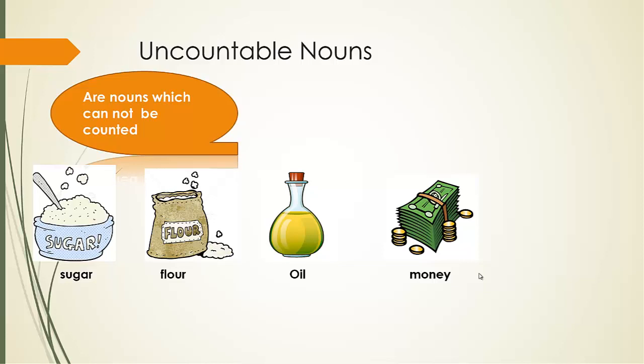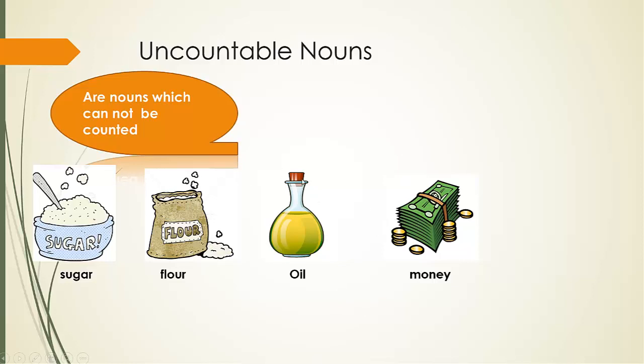You can divide them, like, you can say one sugar, two sugars, three sugars. And of course they don't have what? They don't have plurals. So you cannot say sugars, flours, oils, monies. So it is all about singular.